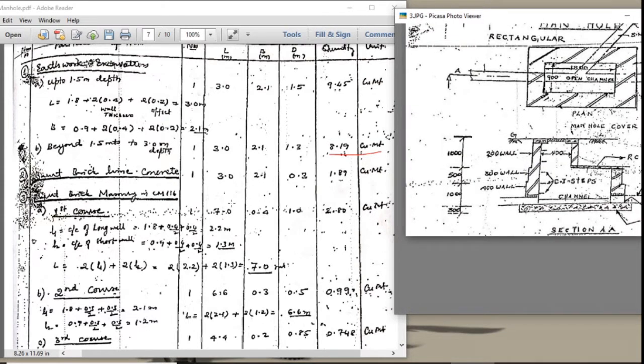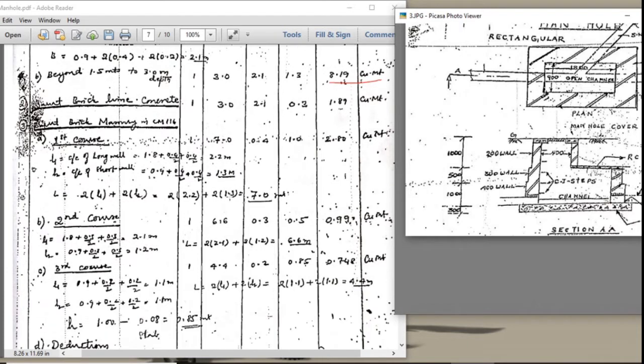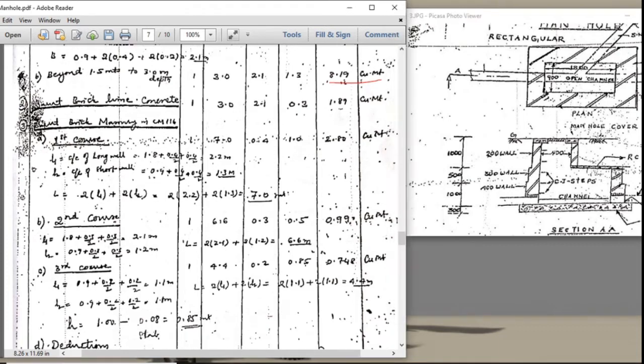So here the author has written by using center line method. Okay, so first one, center to center of long wall. See the plan here, 1.8. So 1.8 plus 0.4 by 2 plus 0.4 by 2. Correct? What we want?